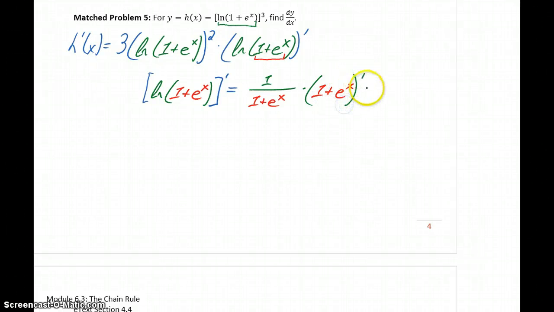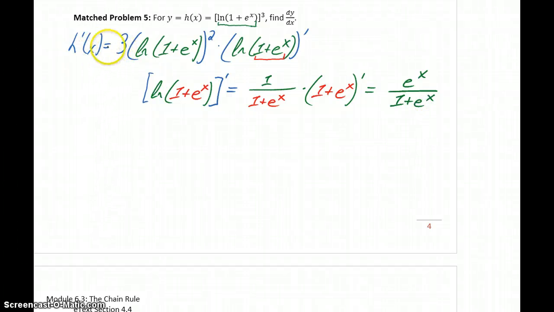So this is going to become 1 over 1 plus e to the x times the derivative of 1 plus e to the x. So the derivative of 1 plus e to the x will just be 0 plus e to the x, or e to the x, over 1 plus e to the x.